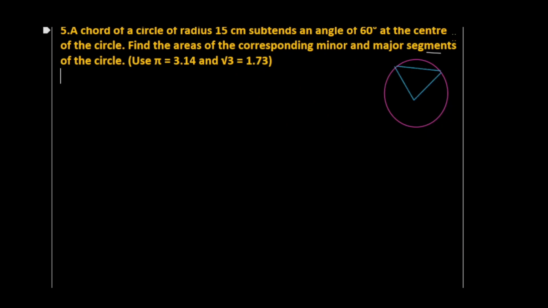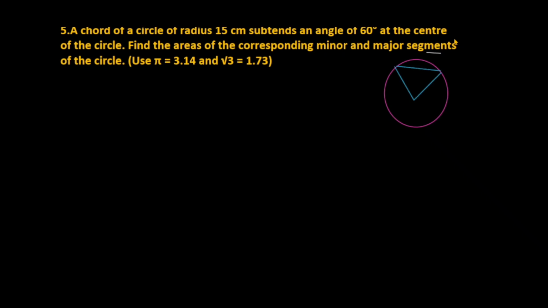So this is the chord. AB is a chord, and the chord subtends an angle of 60 degrees at the center.